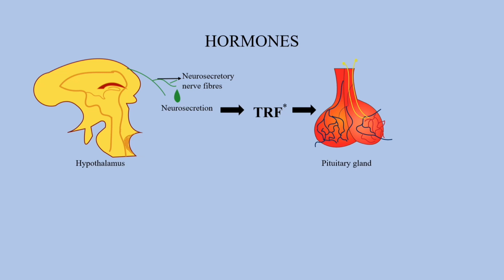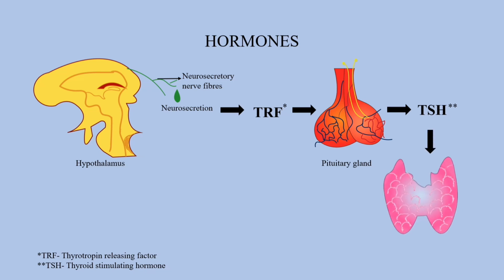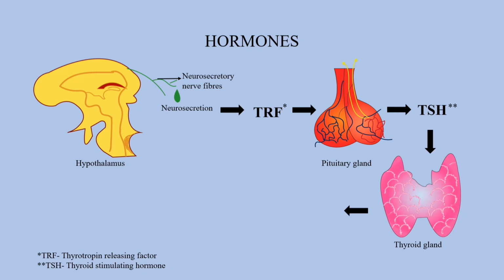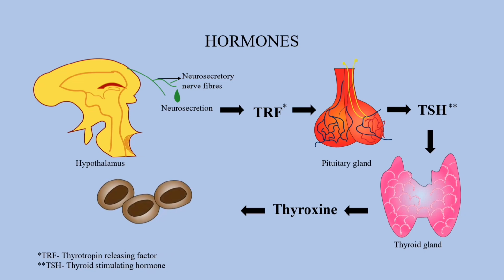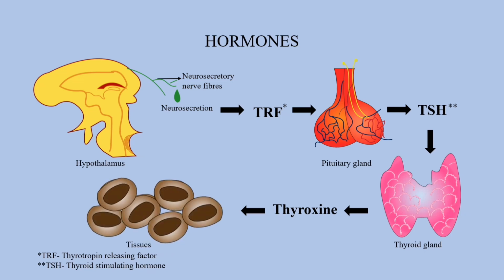The thyrotropin releasing factor of neurosecretion stimulates the pituitary gland to secrete another hormone called thyroid stimulating hormone. Thyroid stimulating hormone acts on the thyroid gland to secrete thyroxine. This hormone acts on the tissues directly, causing the degeneration of some cells and stimulating the growth and differentiation of others.